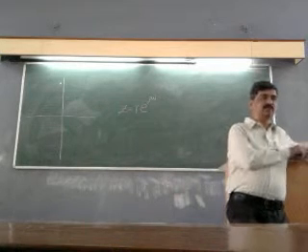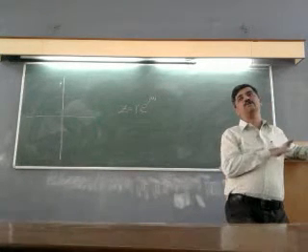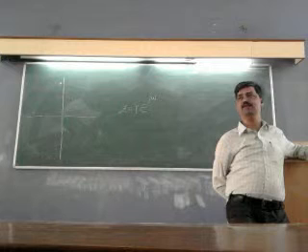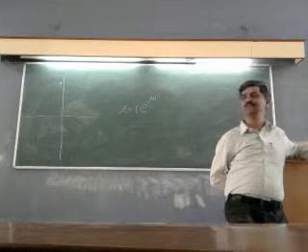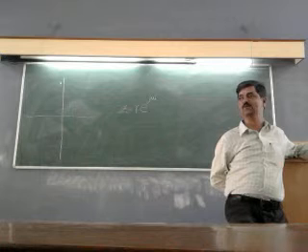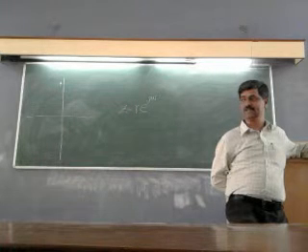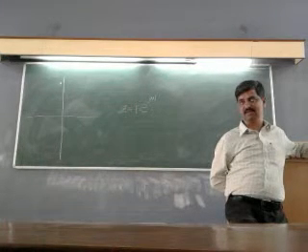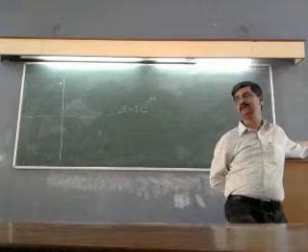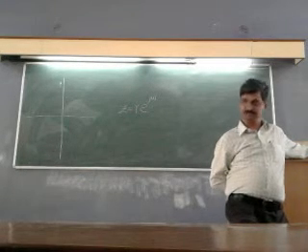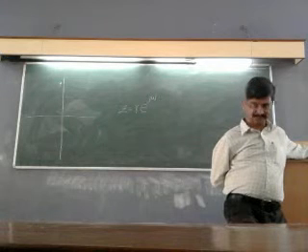We had started with the concept of a sequence, x of n, as a function of n, where n is an index, which is an integer, starts from 0 on either side. It can be a finite or an infinite sequence, which we transformed into X(z), means X(z) as a function of z.